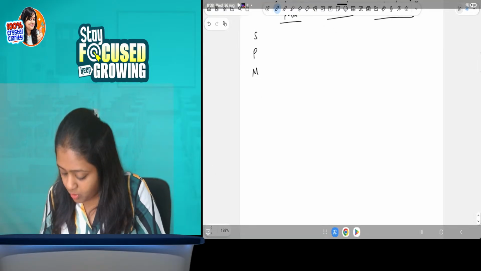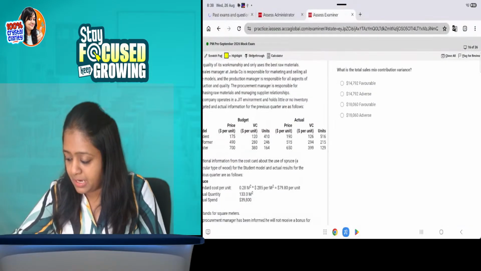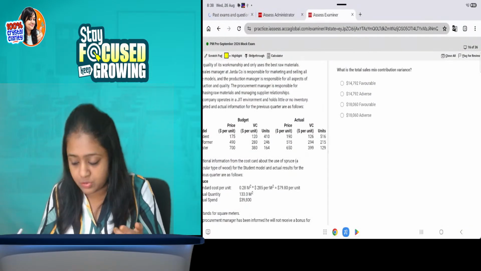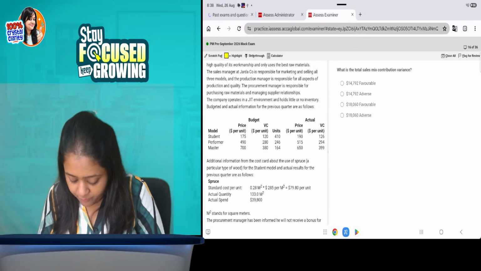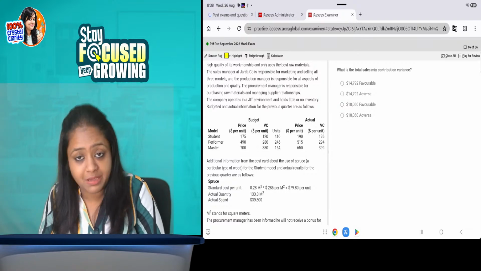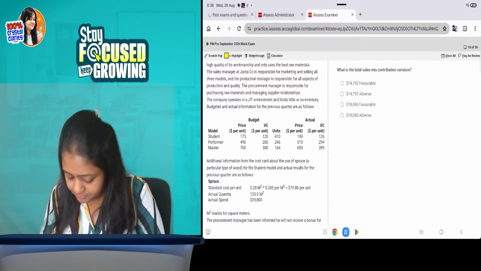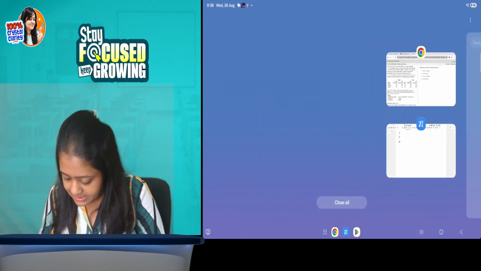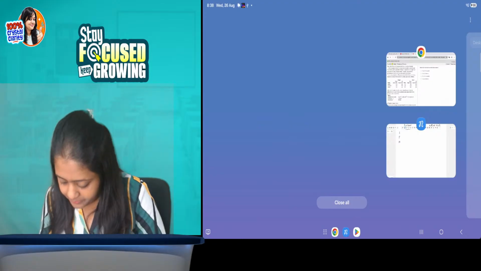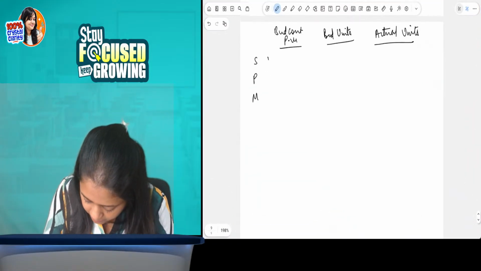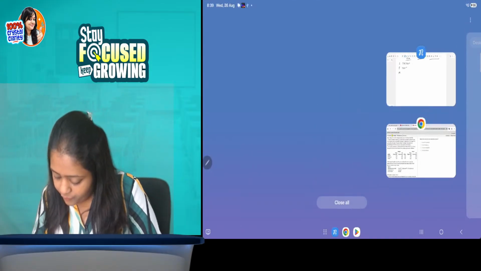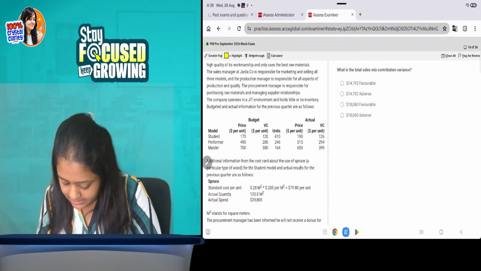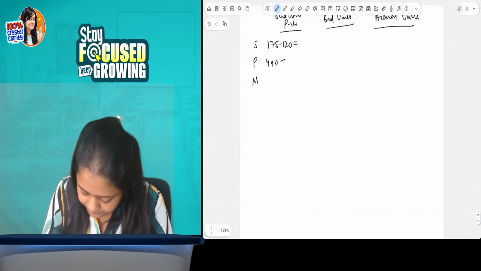What is the budgeted contribution per unit? I will take any paper so that you can just write down there. So I have 175 as the price less variable cost 120. I will write it here, 175, 120, and the next one also. 175 less 120, then 490 less 280, 700 less 380.